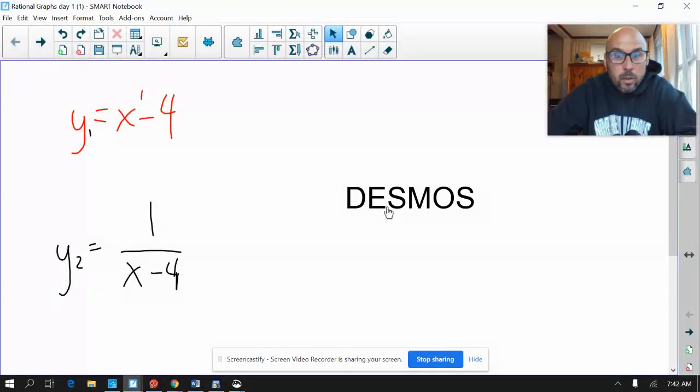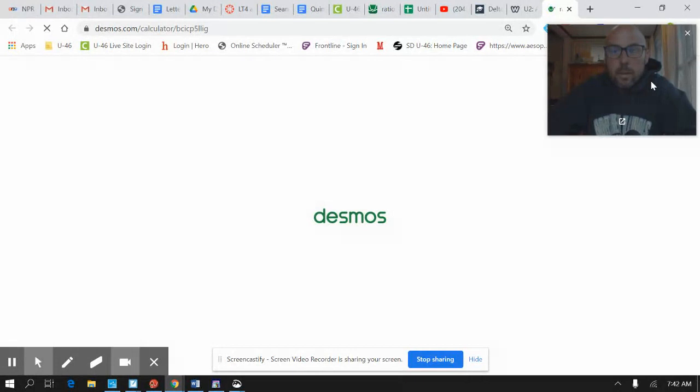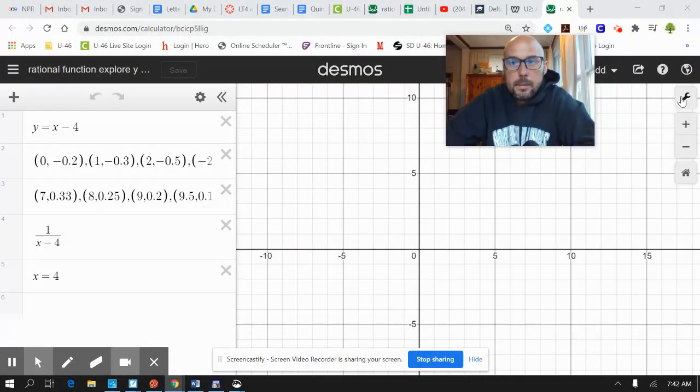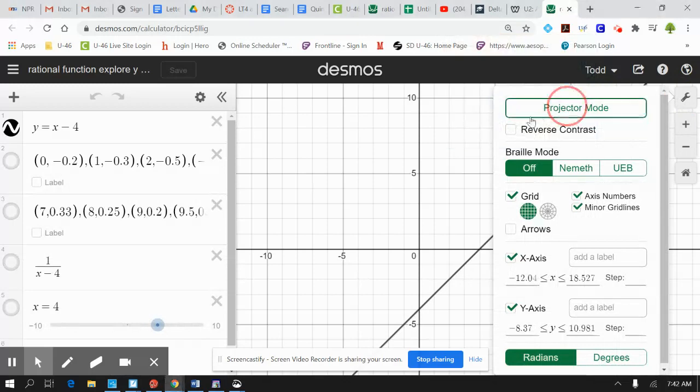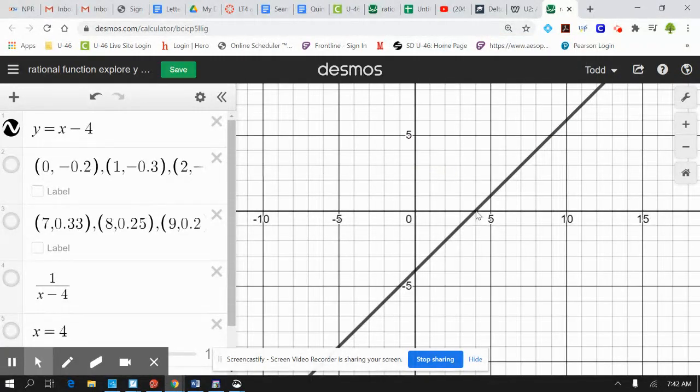And what I did was I graphed all those ordered pairs to see what they would look like. Well, there's the line, y equals x minus 4. Again, notice that when x is 4, the result is 0. And all those ordered pairs I put right here.